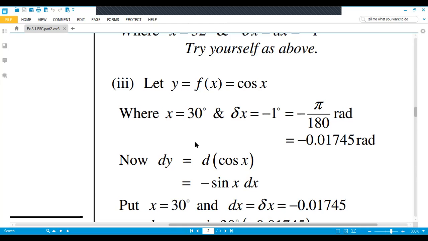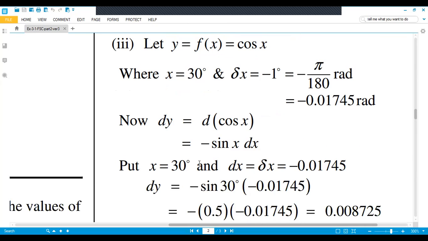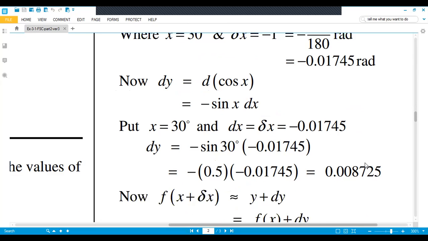Now the differential of this value will be dy, and the cos differential is minus sine x dx. So in place of x we put 30, and in place of dx or delta x we put minus 1 degree value. So dy is minus sine 30 degree, and this value sine 30 degree is 0.5. We multiply these two values, so we'll get this answer.